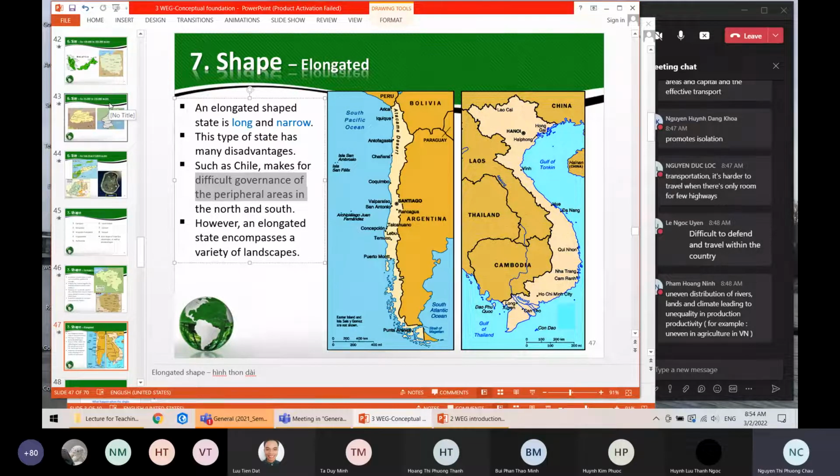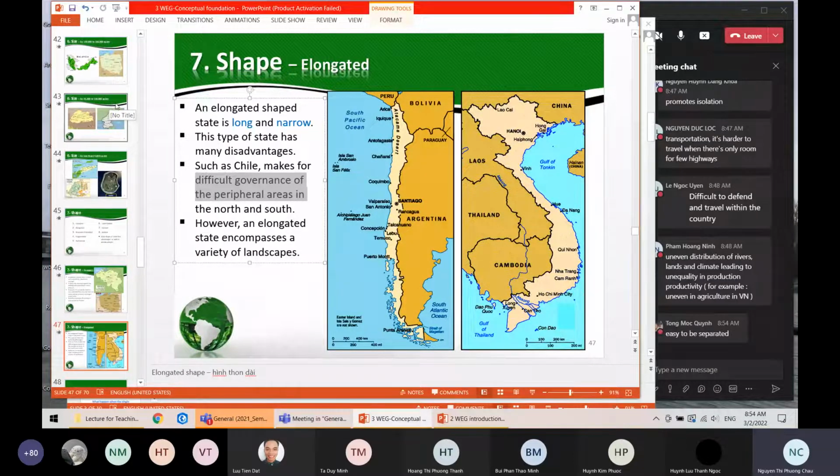You see, what happened when the government of a nation cannot control the nation? Easy to separate. Yes, easy to separate, but how?